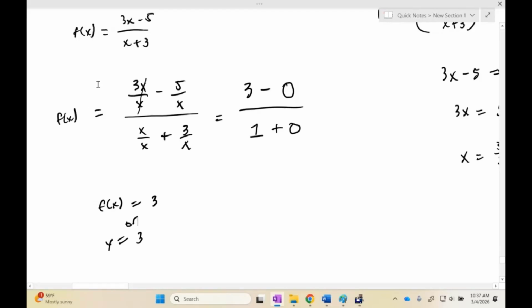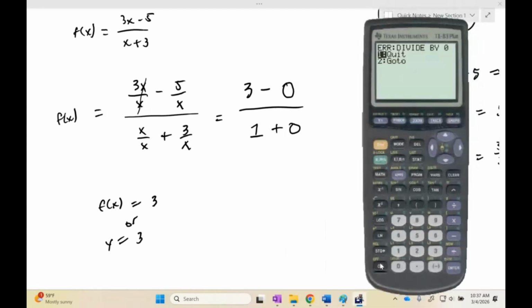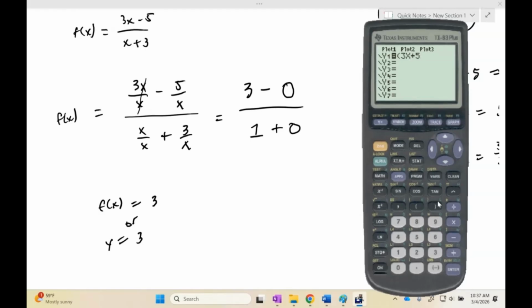So that means if you were to graph this, even though graphing is not a part of this problem, I'm going to put a set of parentheses, 3x plus 5, close that off. X plus 3, close that off.